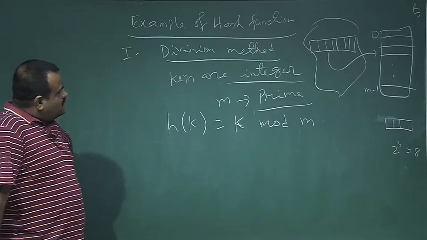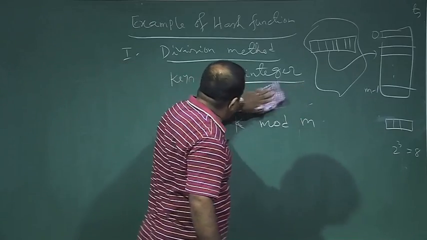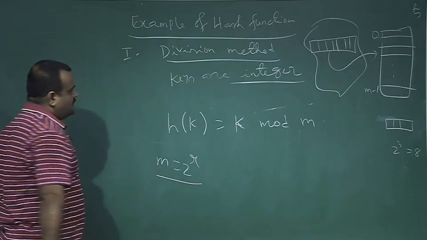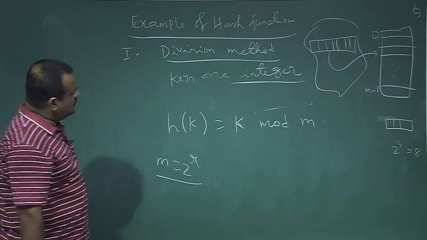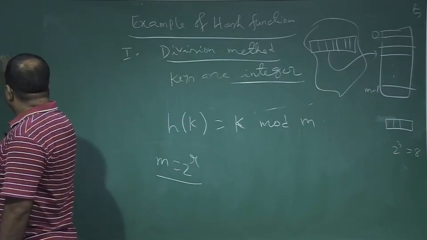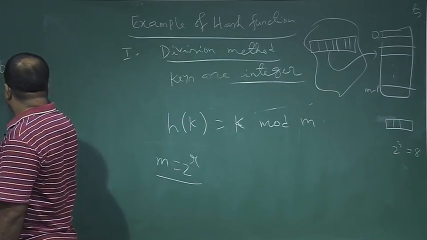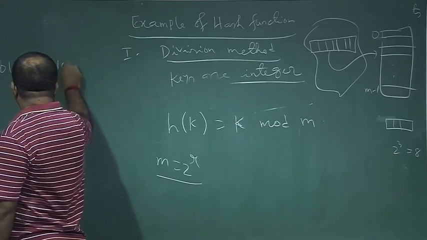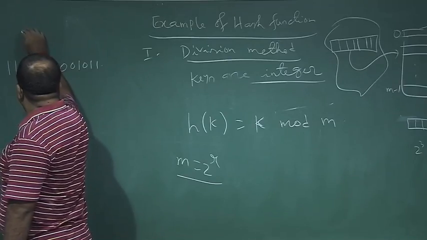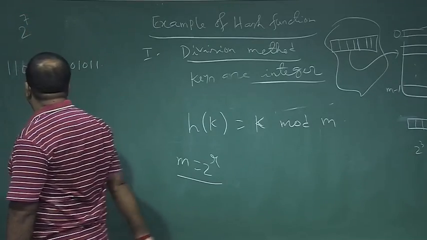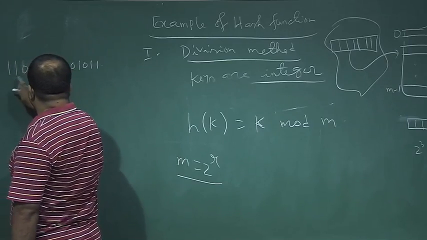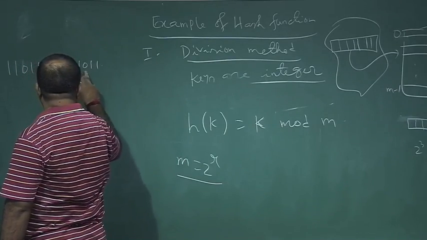Now, in this method, instead of choosing m like this, if we choose m equal to 2 to the power r, for some r, then there is a serious problem with this method. Suppose we have a key like 1 1 1 1 0 1 1 0. Suppose each key is 12 bits: 1 2 3 4 5 6 7 8 9 10 11 12.